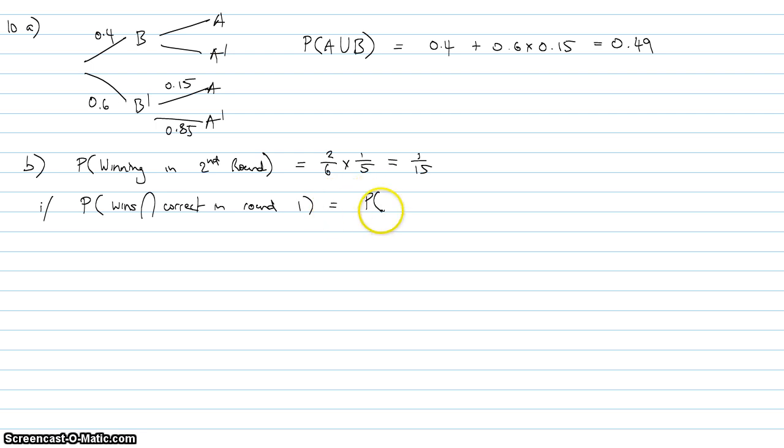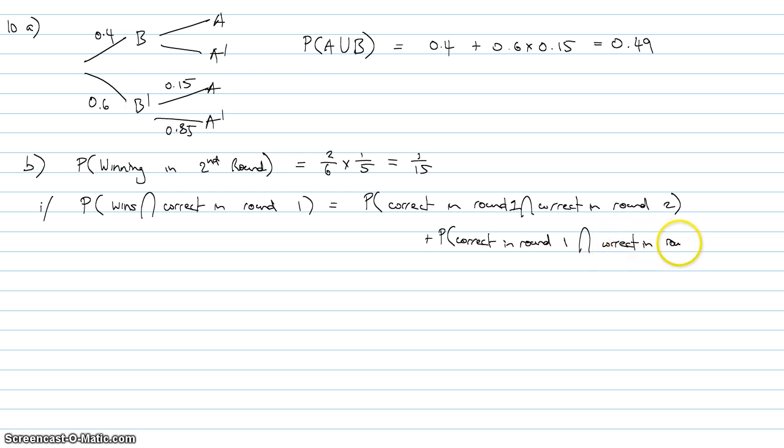Well, that's the probability he is correct in round 1 and correct in round 2, or the mutually exclusive event that he was correct in round 1 and correct in round 3, and presumably incorrect in round 2 if it went on to round 3.